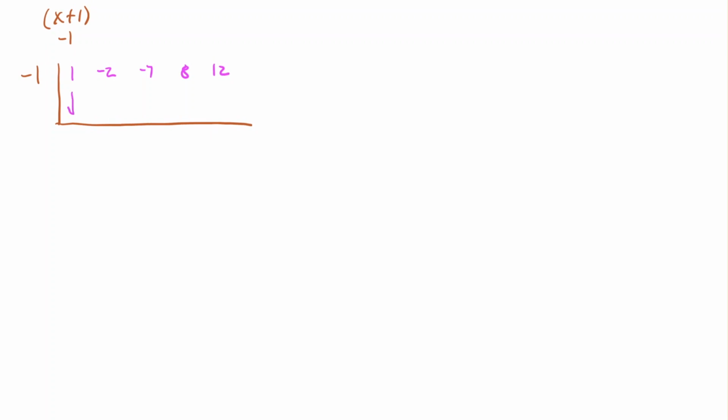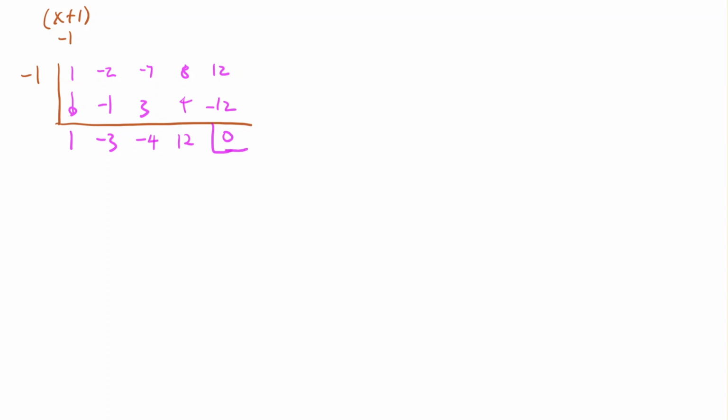So 1 comes down. Negative 1 times 1 gives me negative 1. Add. Negative 1 times negative 3 gives me positive 3. Negative 4. Negative 1 times negative 4 gives me positive 4. Negative 12 and 0. We already knew that the remainder should be 0.